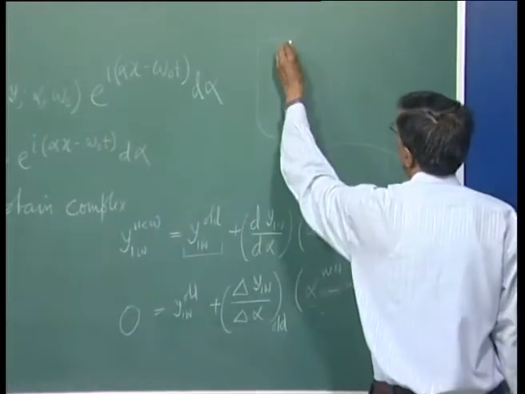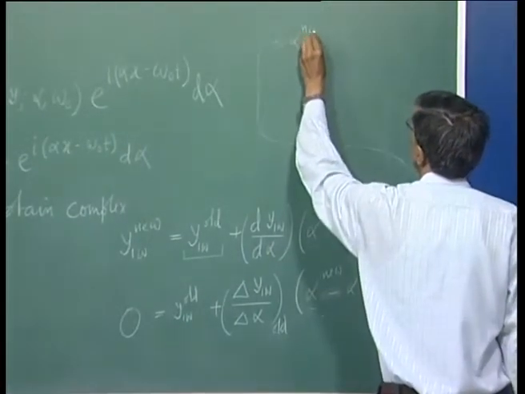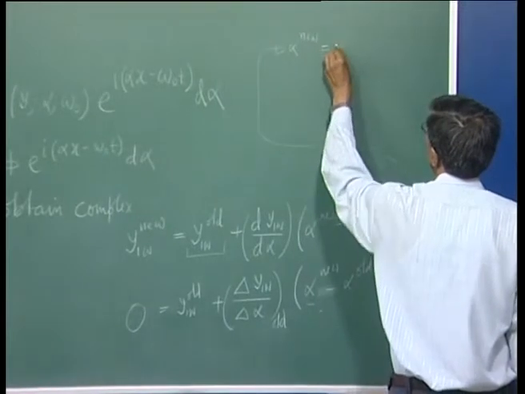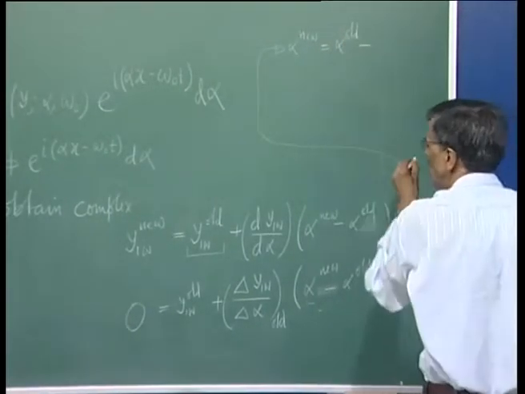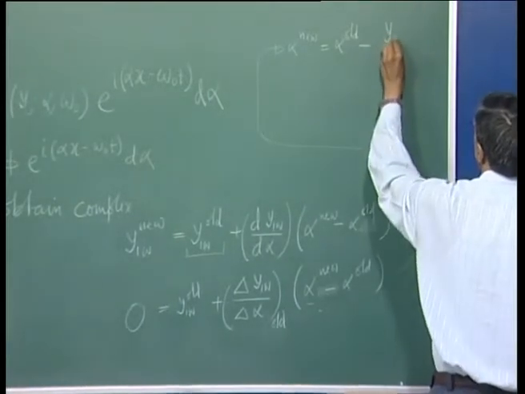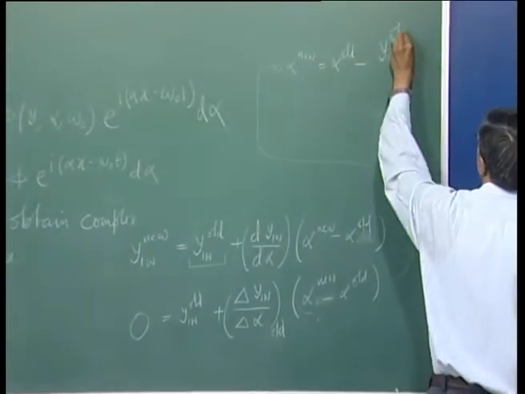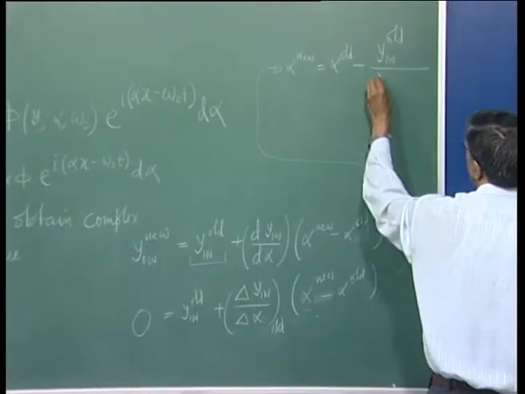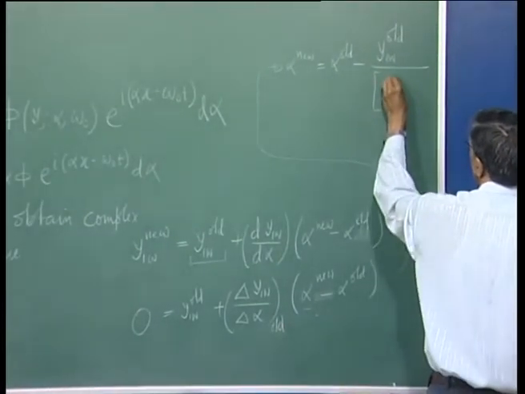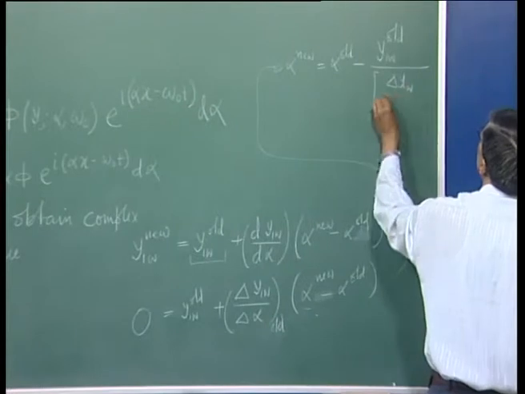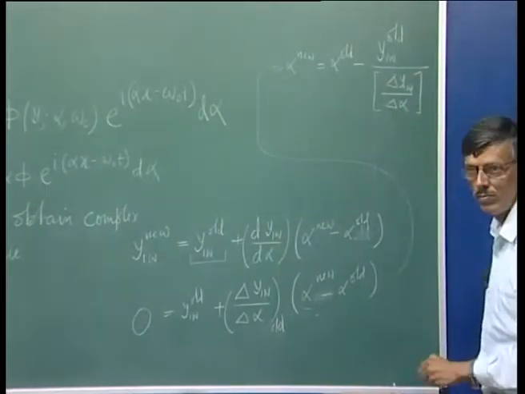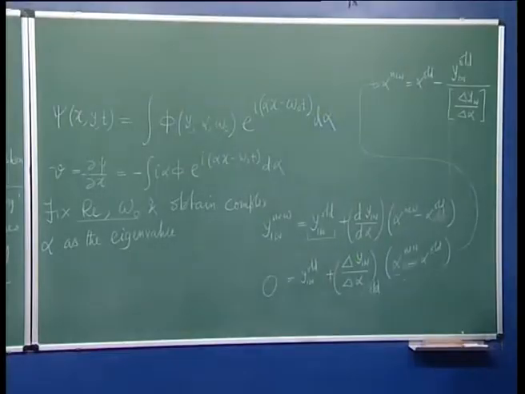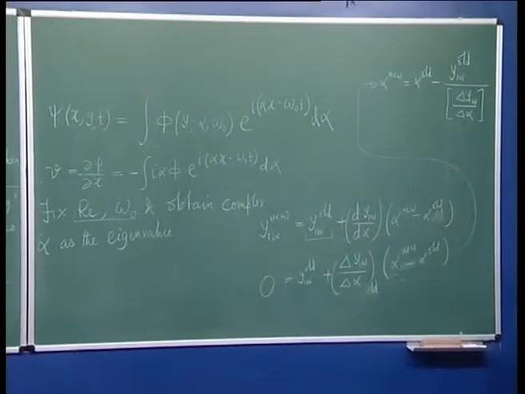So, I will find alpha nu should be equal to alpha old minus y 1 old divided by this quantity, delta y 1 by delta alpha, right. So, this is your Newton-Raphson search actually.